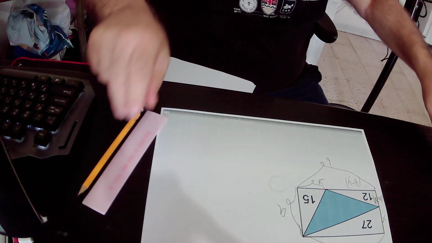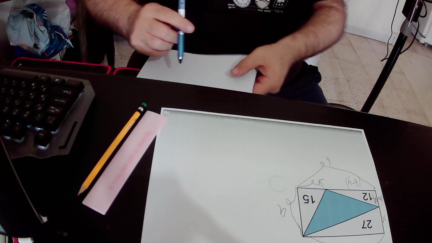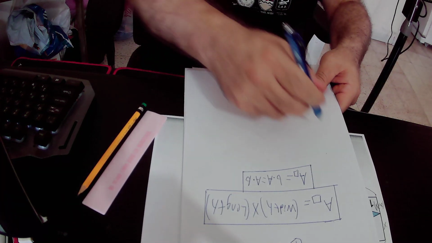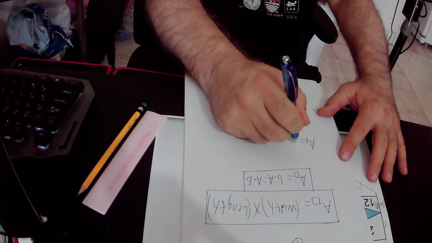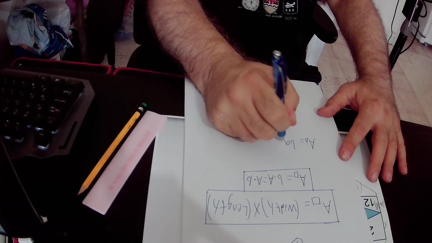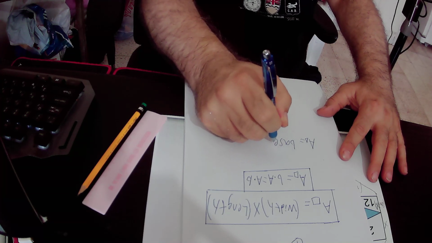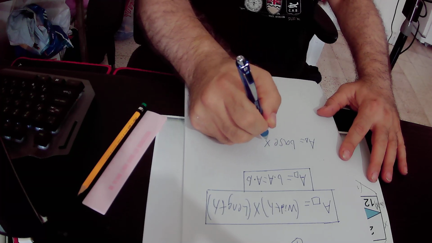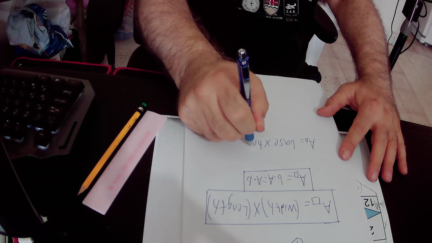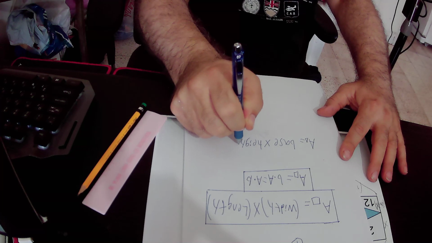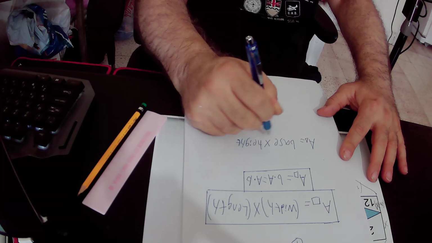As you already know, the area of a triangle equals the base of the triangle times the height to the base of the triangle, all divided by 2.